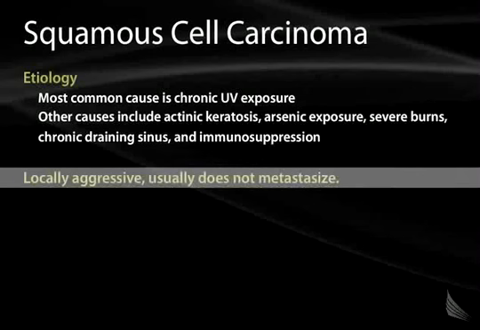Squamous cell carcinoma is also locally aggressive, but does not usually metastasize, although its metastatic potential is greater than basal cell carcinoma. Basal cell carcinoma is more common than squamous cell carcinoma everywhere except the hands and the mucosa. In these two special areas, squamous cell carcinoma exceeds that of basal cell carcinoma.